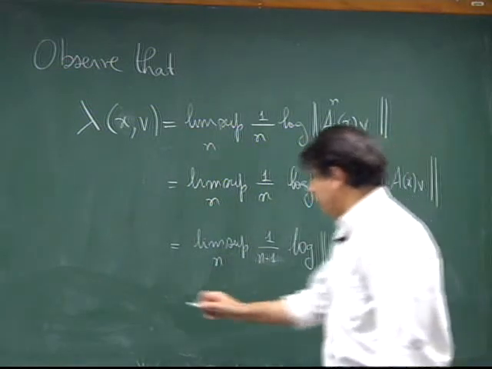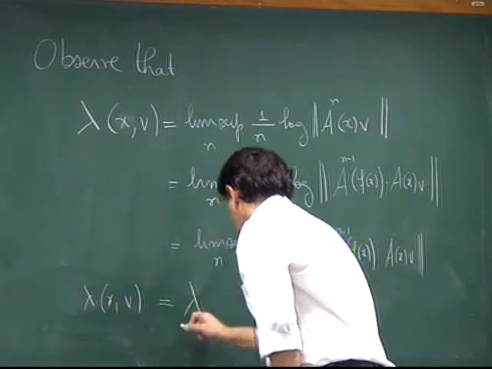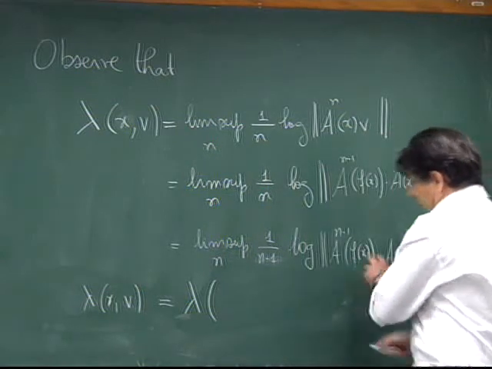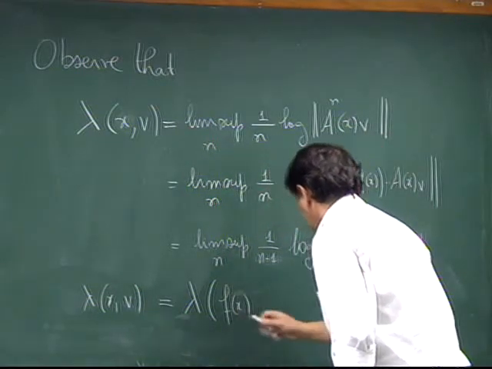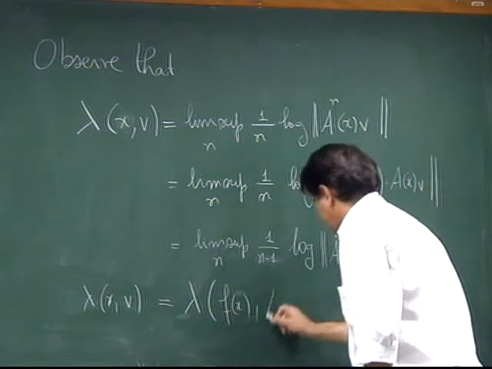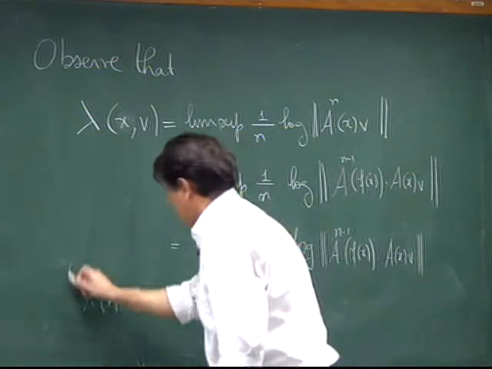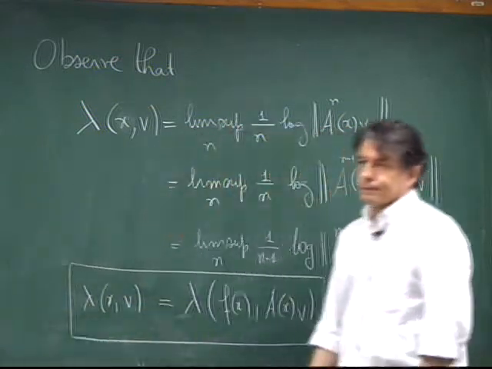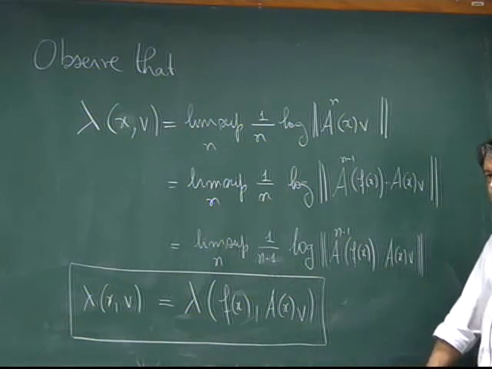And this is, by definition, lambda at f(x) of the vector A(x) v. Okay.